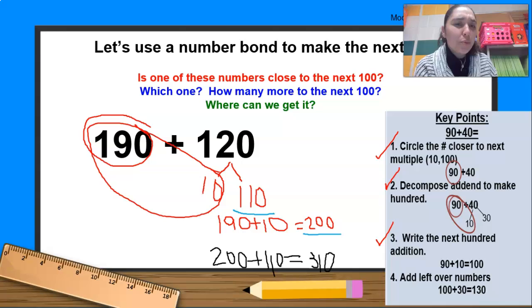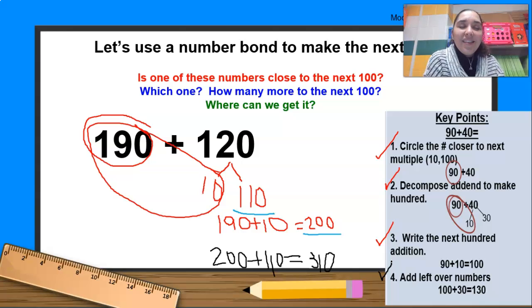So, I want you to really think about this. How can we prove that 200 plus 110 is the same as 190 plus 120? I'm going to give you some thinking time. I'm listening to all the responses that you are thinking in your head or you're saying aloud.